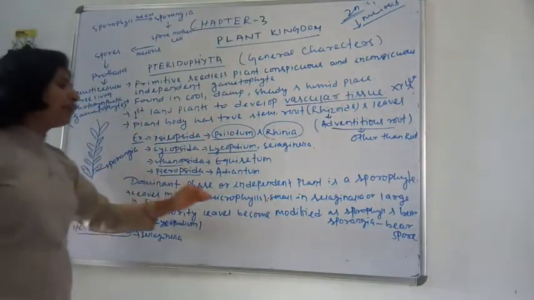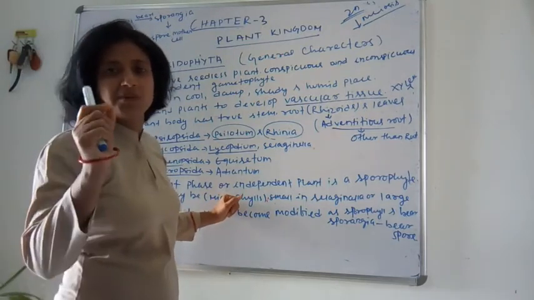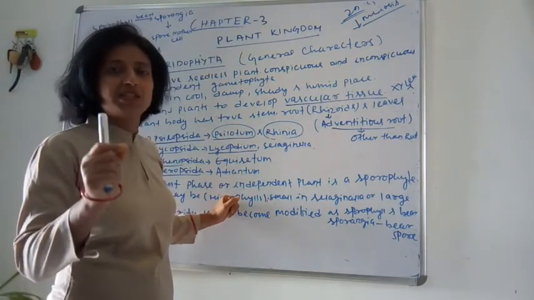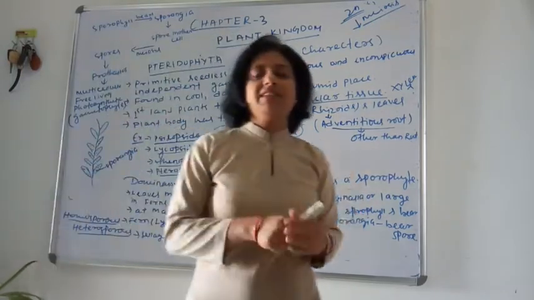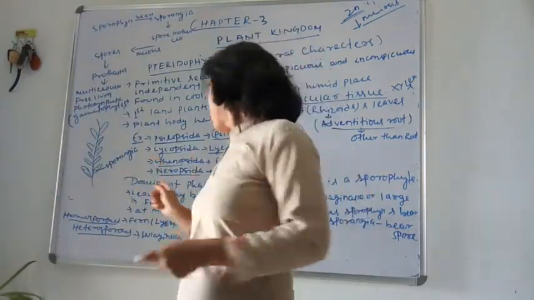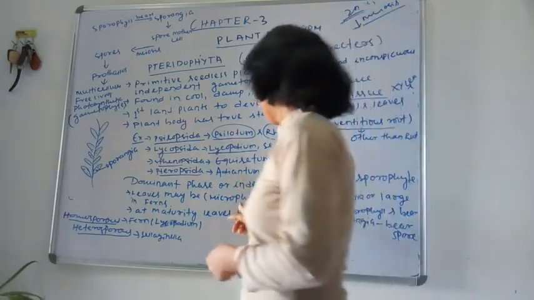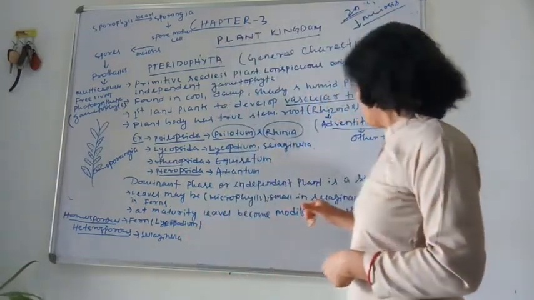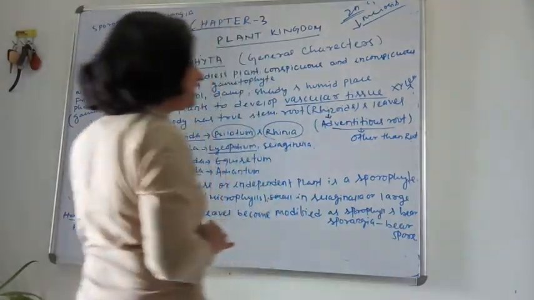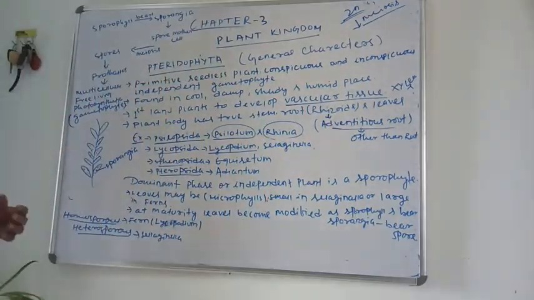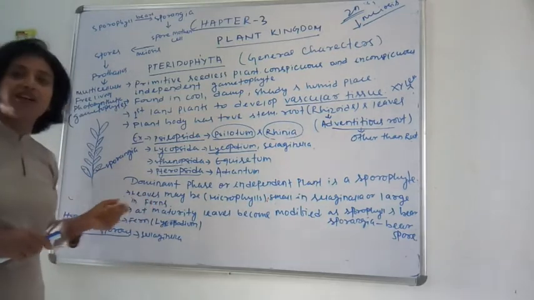Leaves may be microphylls. Microphylls means small in size. The leaves of pteridophytes are either small or large. If small, they are called microphylls, and if large, they are called macrophylls. Microphylls are seen in Selaginella, and large leaves are seen in ferns.